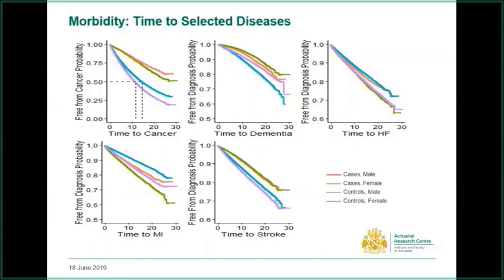In particular, for cancer, the reason why cases have a lower risk of being diagnosed with cancer is because of the drug that they use. One of the drugs, called metformin, has been found to have some anti-cancer effect that might be attributed to that drug.